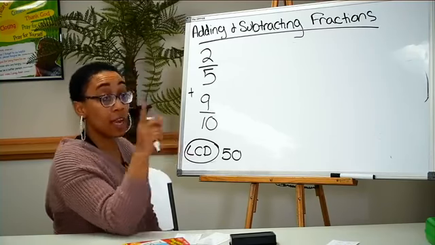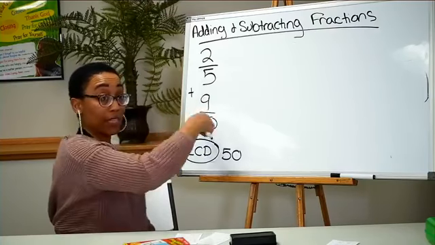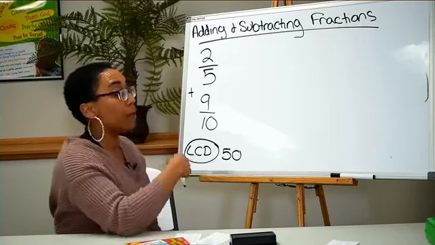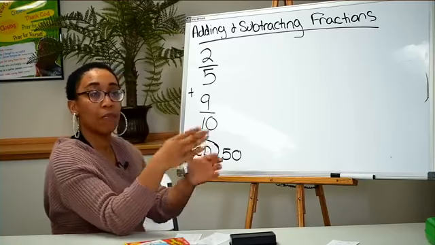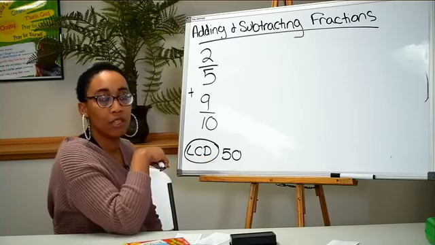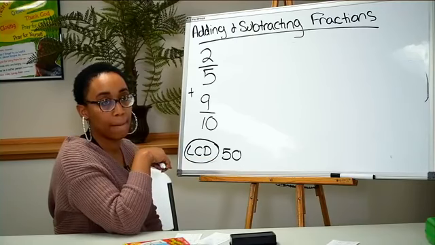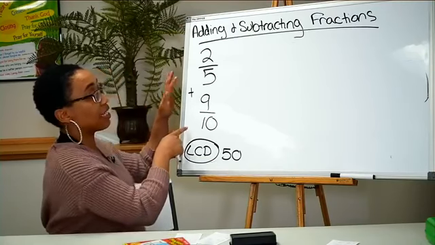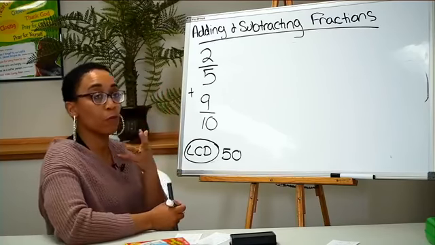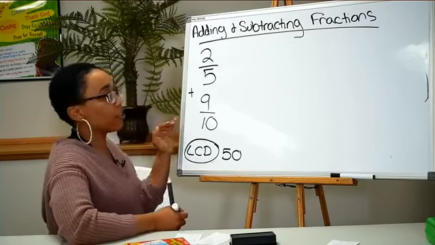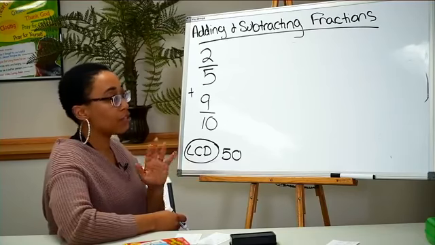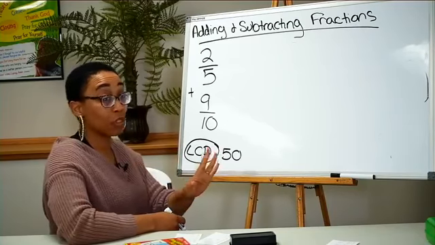Now, could you use 50 with this problem and solve it and get the right answer? You actually could. You probably have to reduce a whole lot more, but you absolutely could use 50 and still get the right answer. However, like I said before, I tell them to do that as a starting point. Most students know their 5s and their 10s multiplication tables really well, so it could be real easy to figure that out.